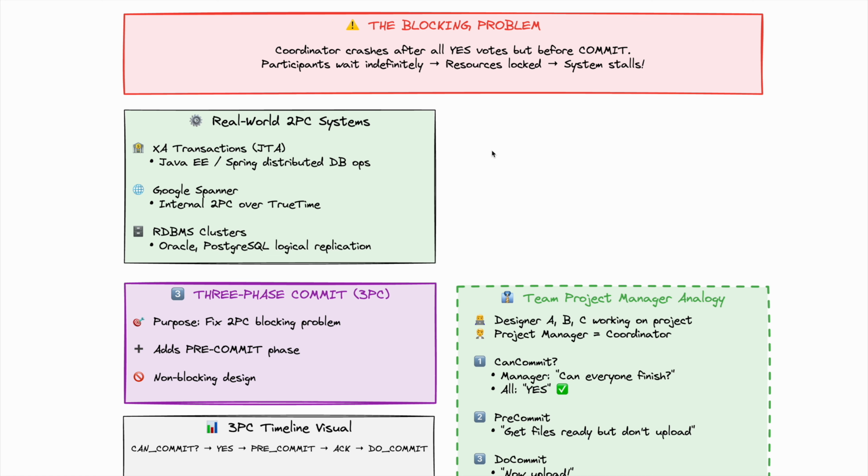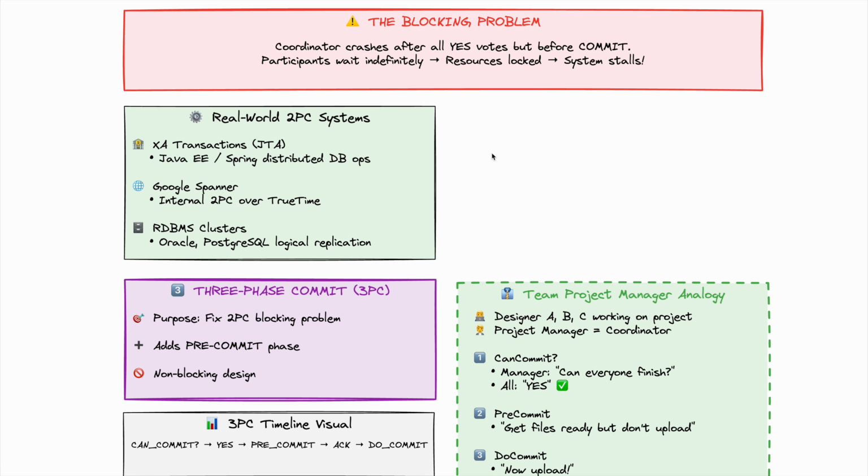But what are the problems with the 2PC protocol? The problem is that if the coordinator crashes after receiving all the yes votes but before they commit, then participants wait indefinitely, so the resources are locked.